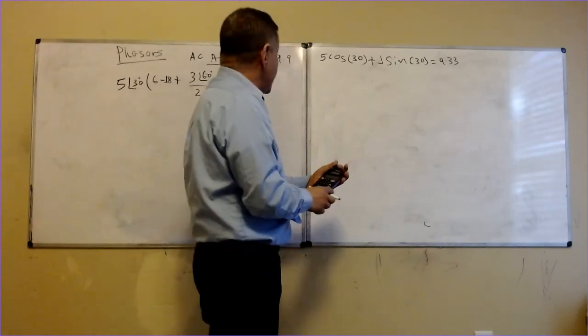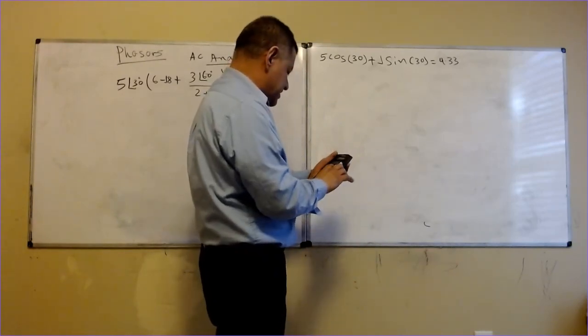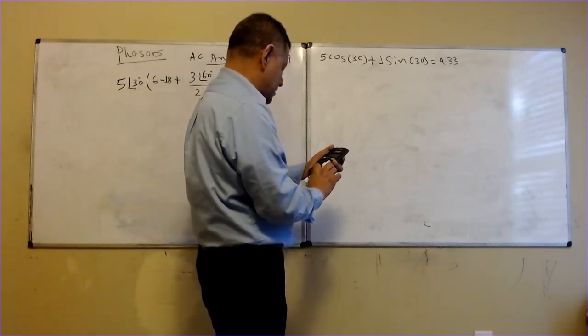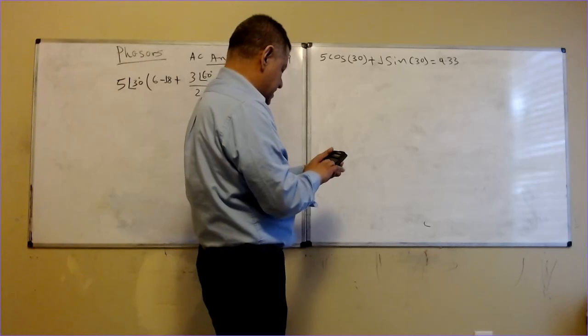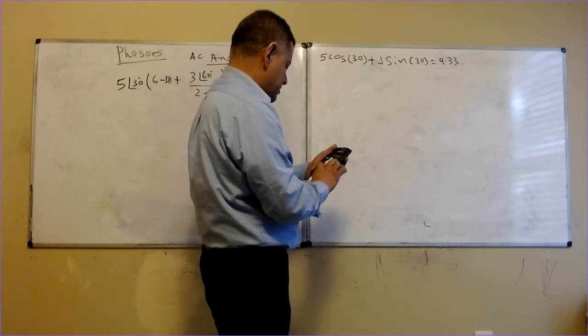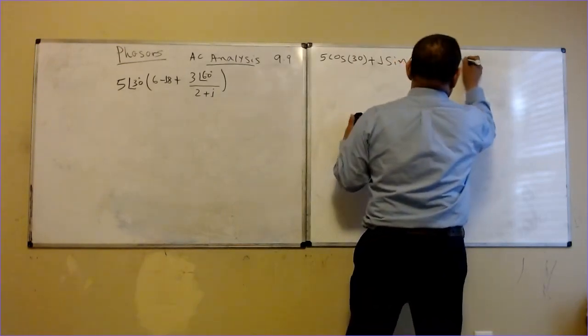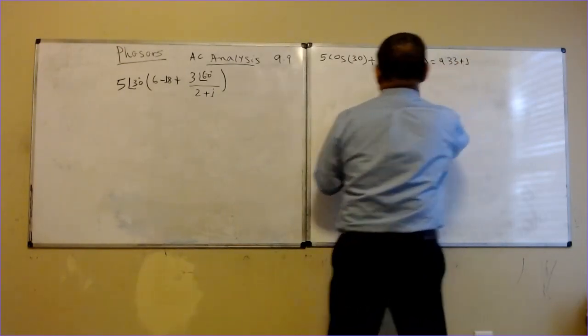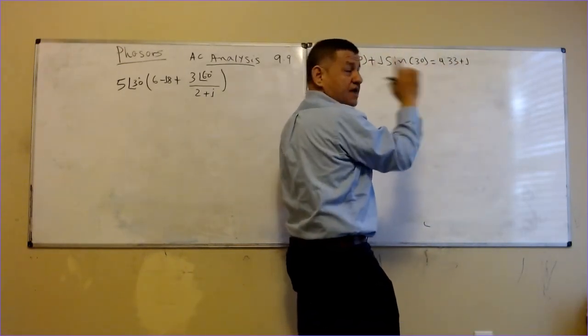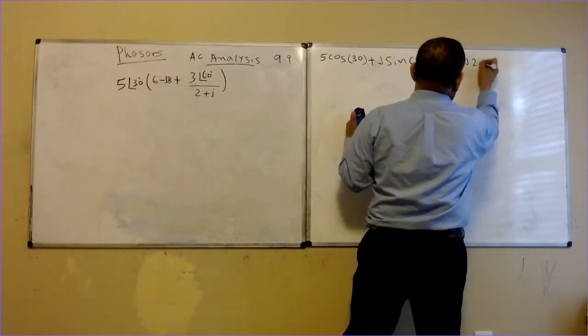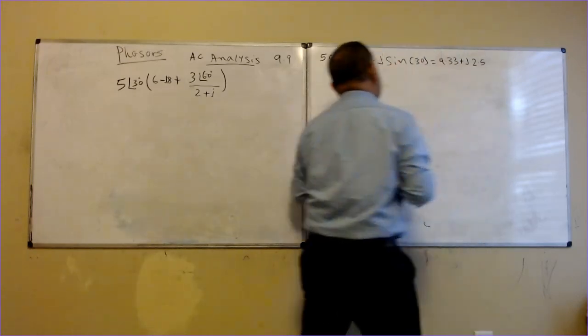Then we do the sine part of that, 5 times sine of 30, and that gave me plus j, because I got to do the j. This is the complex part of it. I got to do the j with the sine, so 2.5, right?